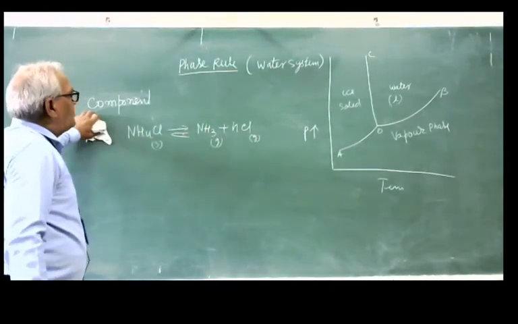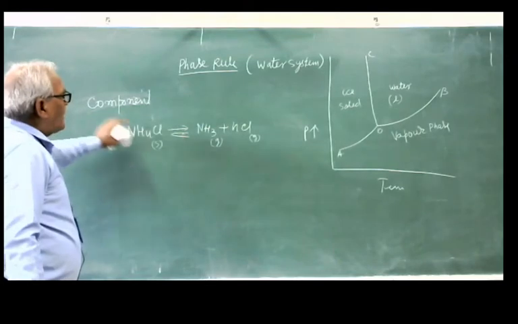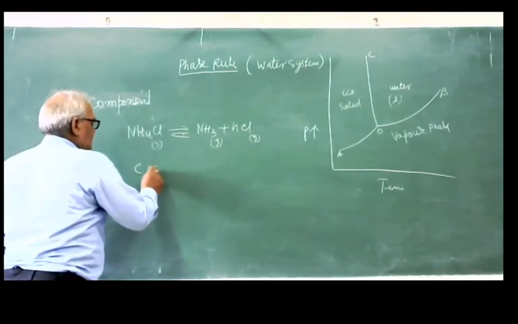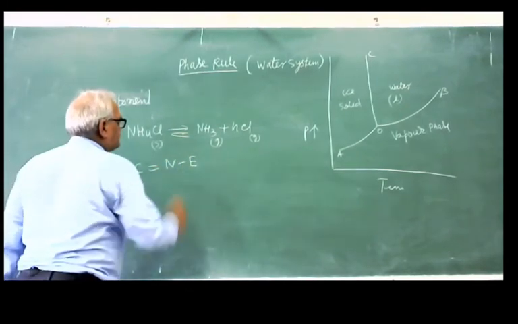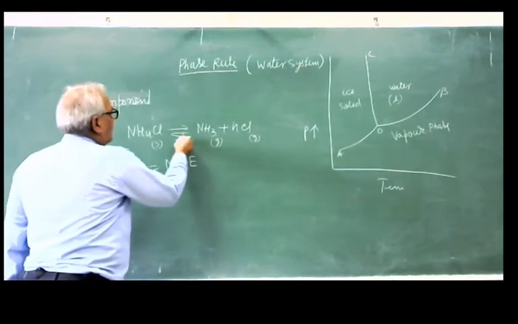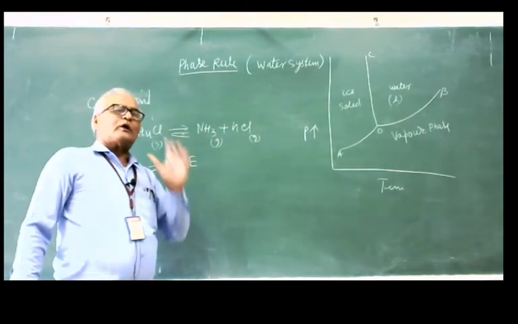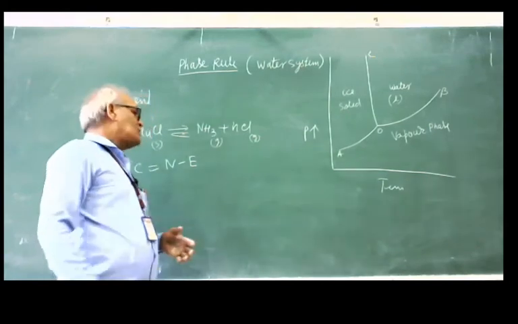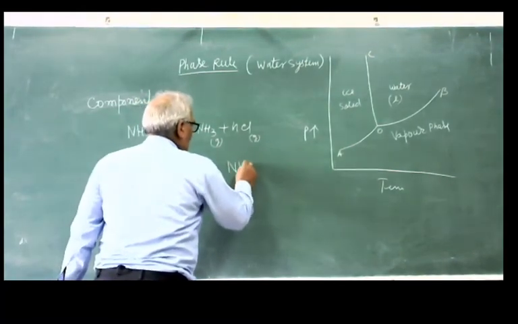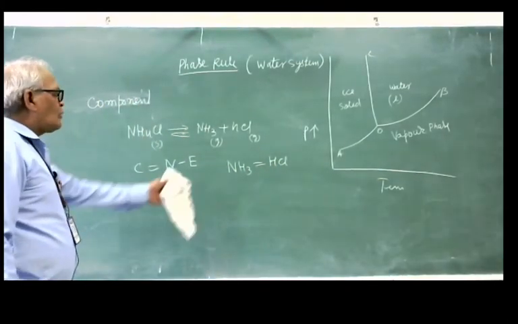For this reaction, we can say C equals N minus E. The chemical equation represents that ammonia and HCl are formed in equal amounts, so we can say ammonia equals HCl.